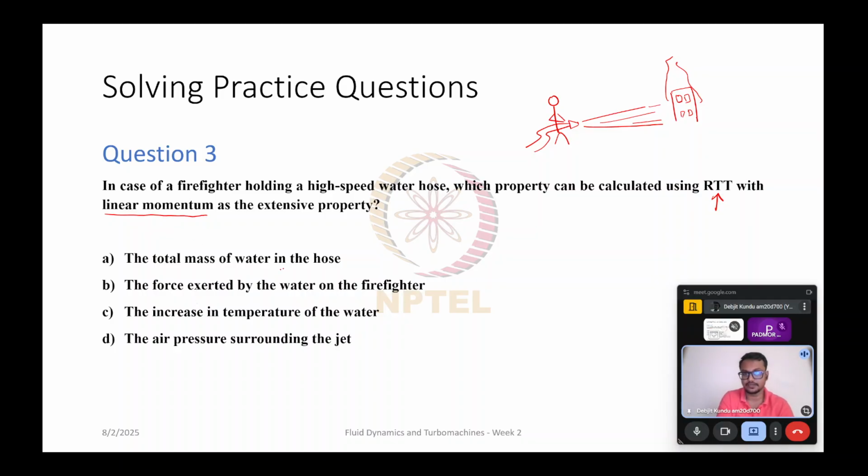Is it option A, the total mass of water in the hose? Option B, the force exerted by the water on the firefighter? Option C, the increase in temperature of the water? Or option D, the air pressure surrounding the water jet? Which one will it be?